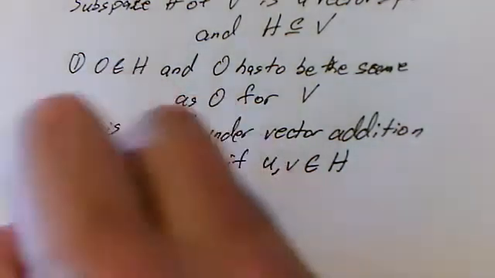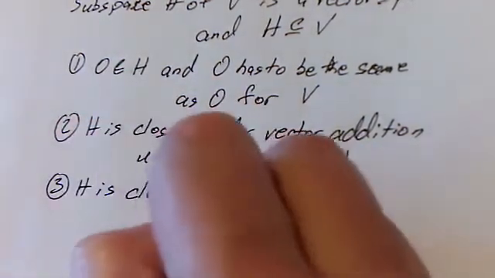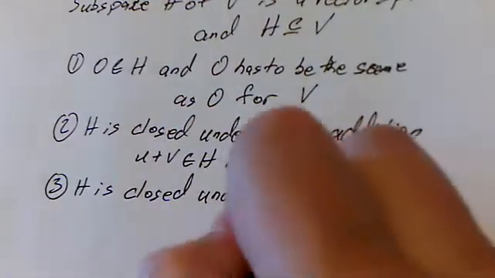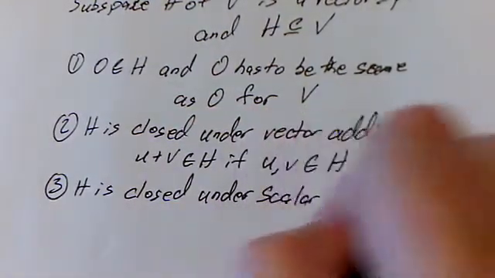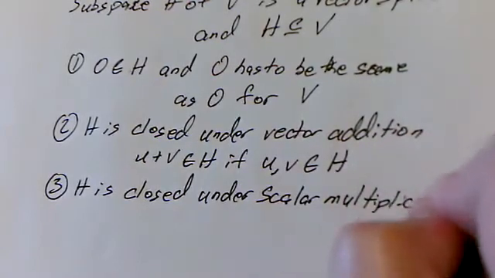And then 3, H is closed under scalar multiplication. Now this is the other big one that trips us up.